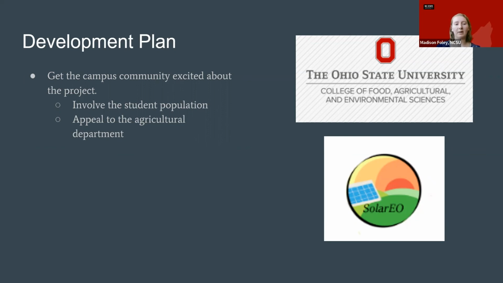OSU also hosts Time for a Change Week, which is a collaboration between student organizations, campus administrators, and business partners to create a week with events focused on environmental awareness. This would be a great place to share and educate the campus about our project. We also want to specifically appeal to the agricultural department since the agrivoltaics will be on their pasture land. And as we educate the campus community about the plan, we want to foster excitement about helping their campus go green.